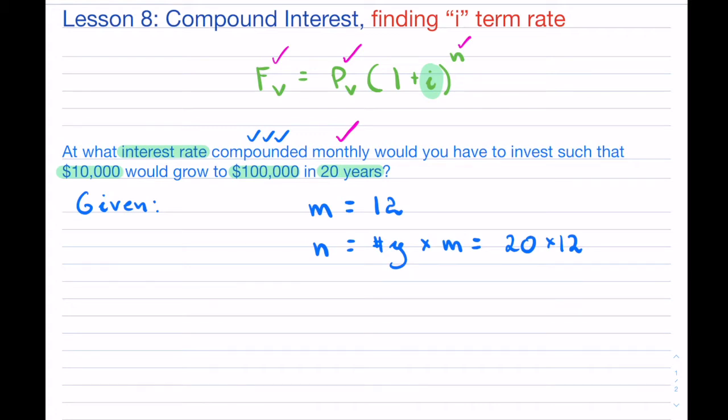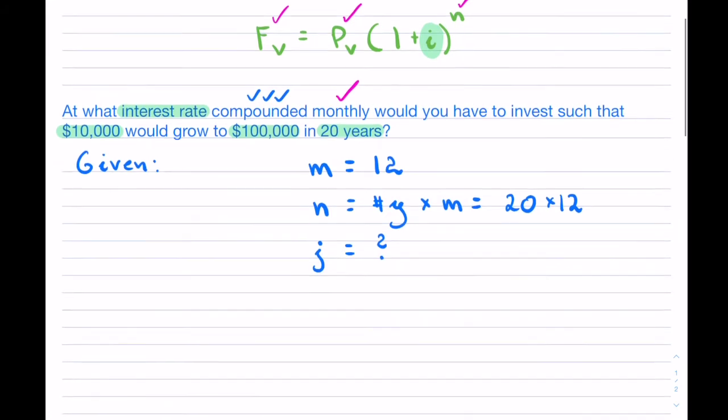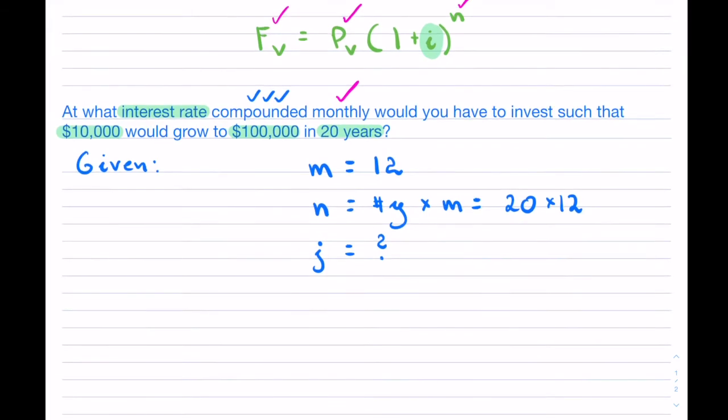Next, we would want to know J. Well, we don't know J because that's exactly what they're asking us for. Because we don't know this, we of course do not know I. And I was supposed to be J divided by M, and in this case it would be 12. So if I really want to find J, I can isolate this and multiply both sides by 12.